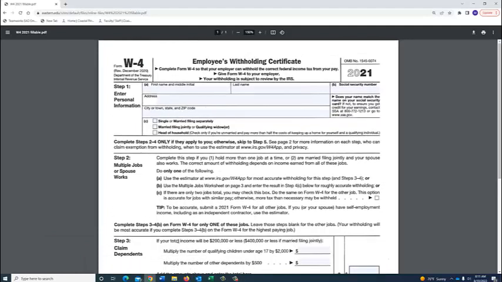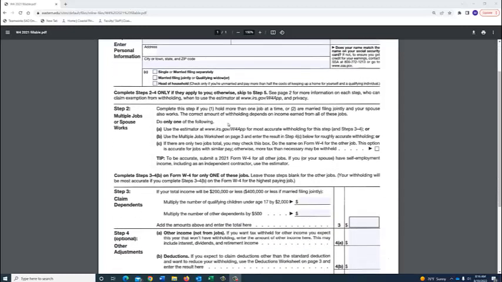Okay, on the current W-4, once again we have the marital status here, and of course the employee information. But unlike the pre-2020 form, this form has no place to report allowances. Instead, the taxpayer or employee is going to enter a lot more detailed information about their annual income.